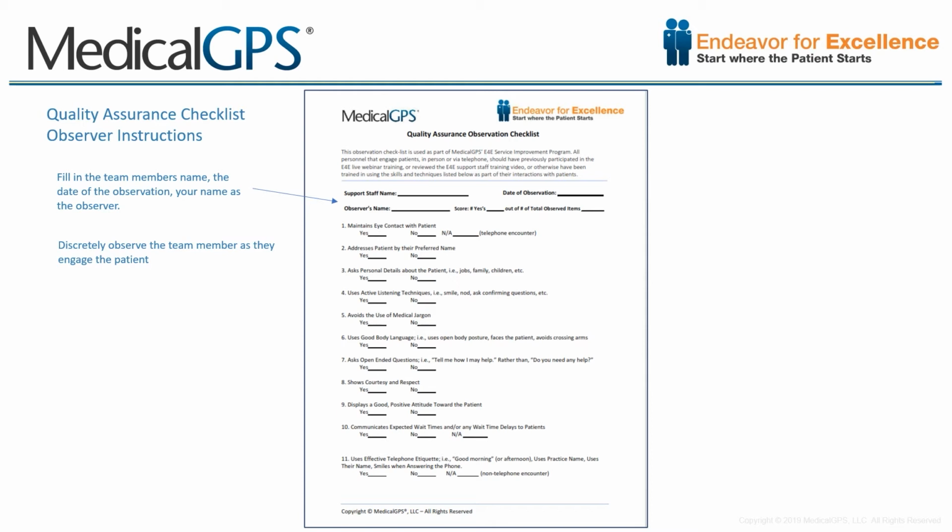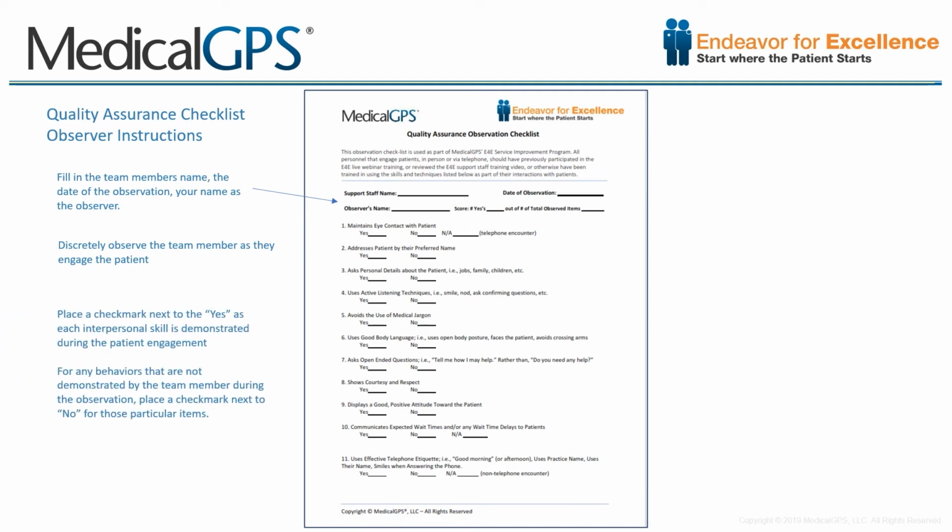For example, if you're observing someone that works the check-in counter, as you approach the check-in area, move away from your team member about 10 or 12 feet and appear to be working on something totally different and apart from the team member. Place yourself close enough that you can overhear clearly the conversation between the team member and the patient, and close enough that you can occasionally glance over and observe your team member as they engage the patient.